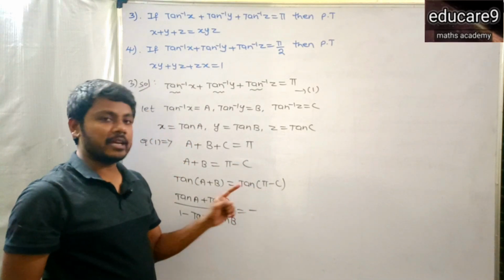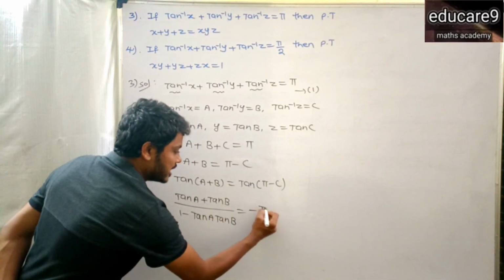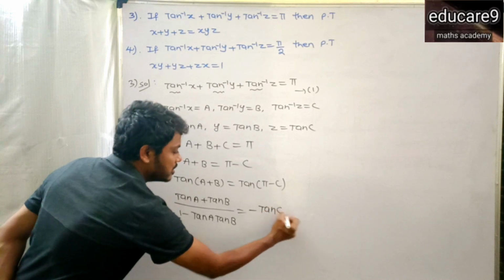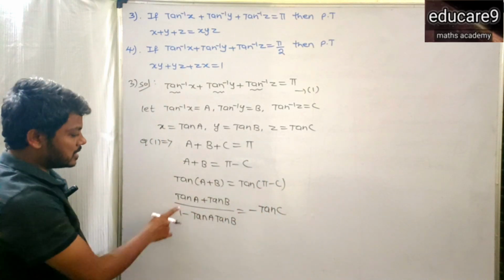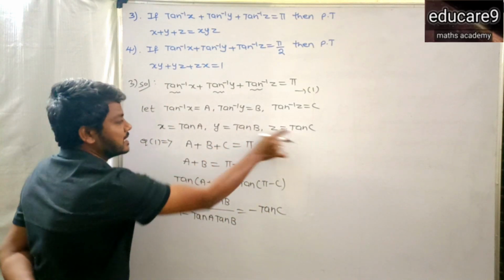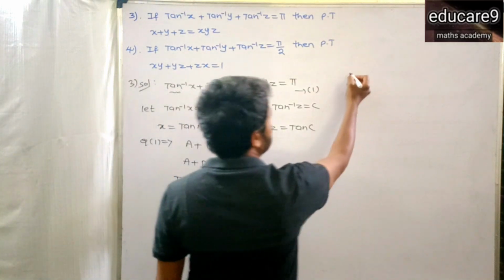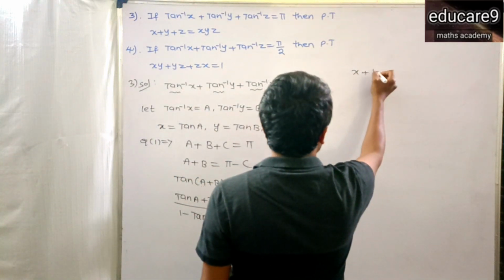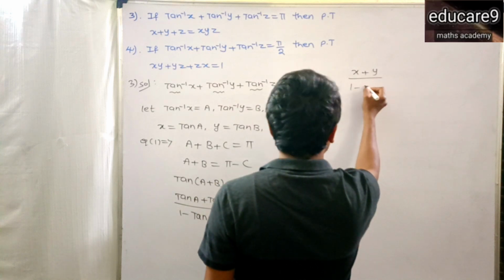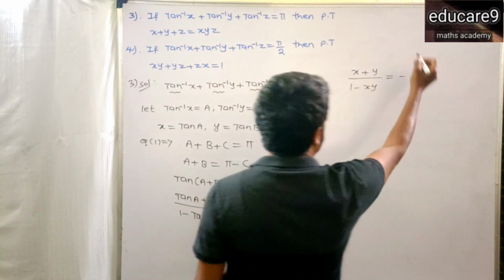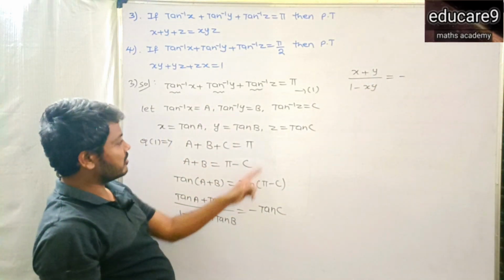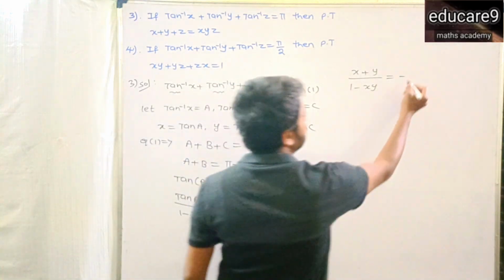For 180, tan doesn't change. So again it is −tan C. Replace tan A, tan B, tan C with x, y and z. First, tan A is x, so (x + y) divided by (1 − xy) equals −tan C. What is tan C? z.